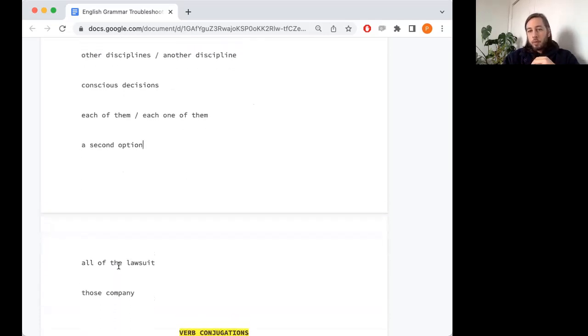Two more examples. When we're talking about all, you'll make that plural. All of the lawsuits, that considers the group as a whole. And make that one singular: every lawsuit.